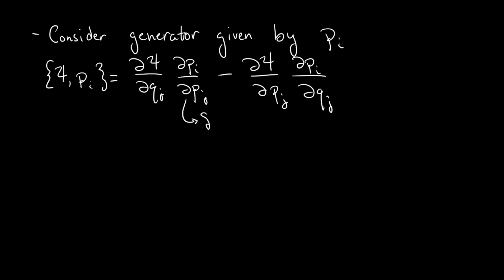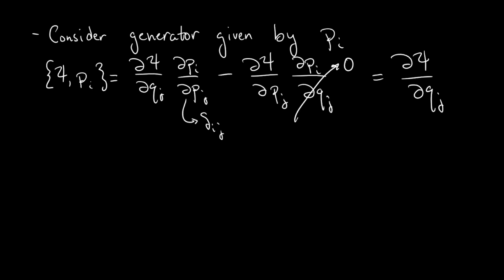This term gives me a Kronecker delta. This term vanishes because my momenta and coordinates are independent. So this is just ∂ψ/∂q_i.